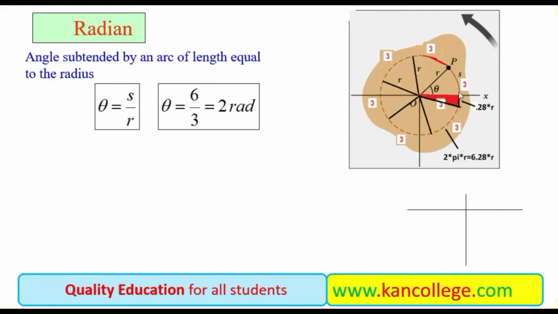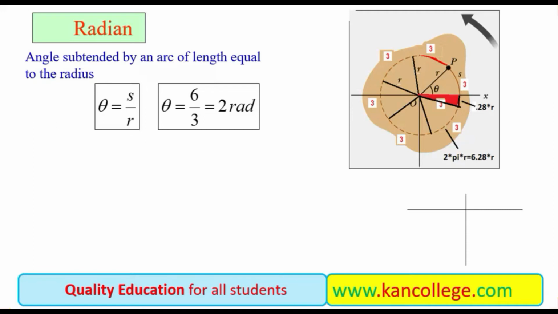It is 6 meters in length and the radius is 3 meters. Then the bigger arc will make a bigger angle, 2 radians: 1 radian by this arc and 1 radian by that arc. If the arc length is increased to 3 times the radius, the angle will be increased to 3 times, meaning 3 radians.